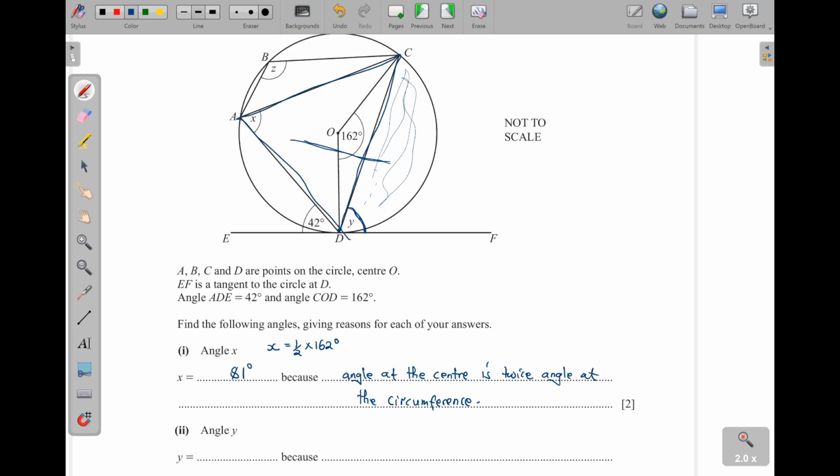Now this angle x here, opposite to this segment within which y lies, that's what we call the alternate segment theorem. So x is going to be equal to y. So I will say y is equal to 81 degrees, and the reason is alternate segment theorem. Simple as that.